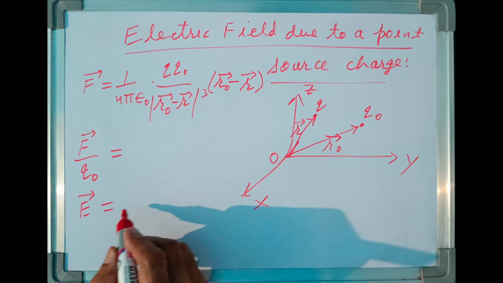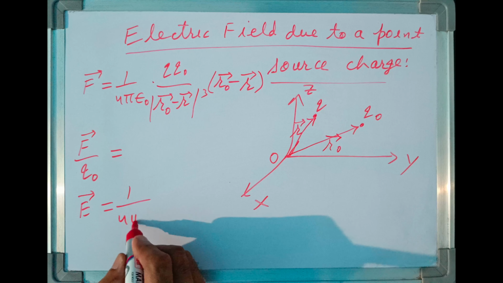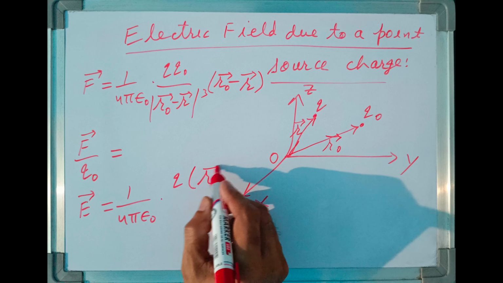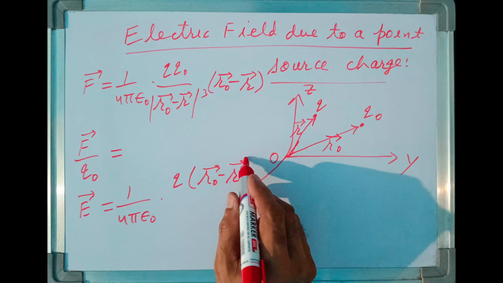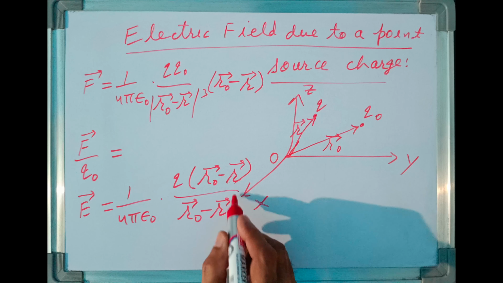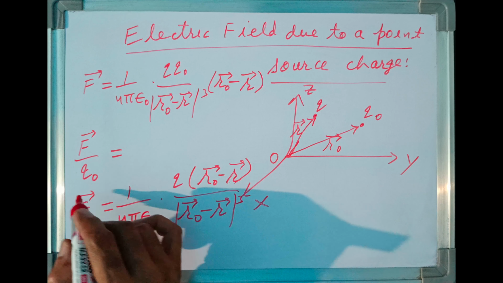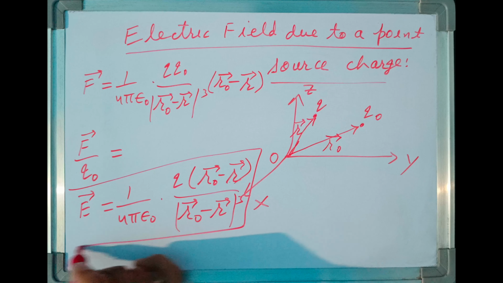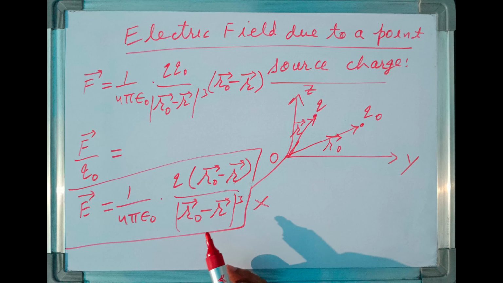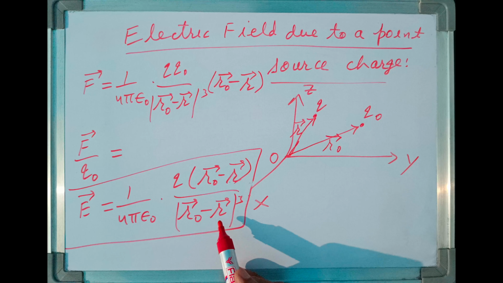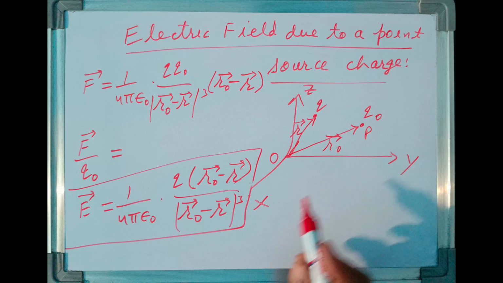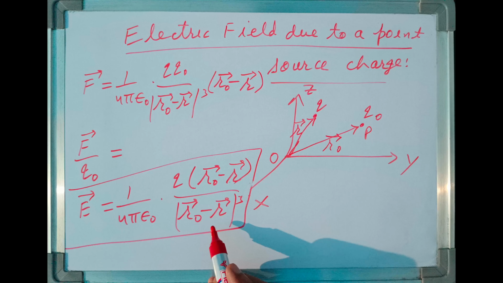So electric field will come out to be 1 upon 4 pi epsilon naught q times r naught vector minus r vector divided by mod of r naught vector minus r vector, cubed. So this is the complete relation for electric field due to a point source charge, where source charge has position vector r vector and test charge, that is point of observation P, has position vector r naught vector.